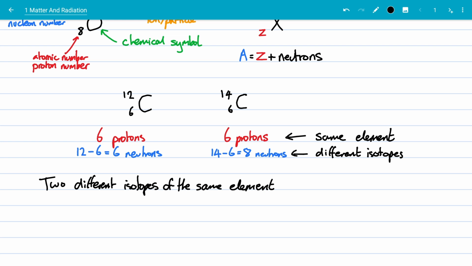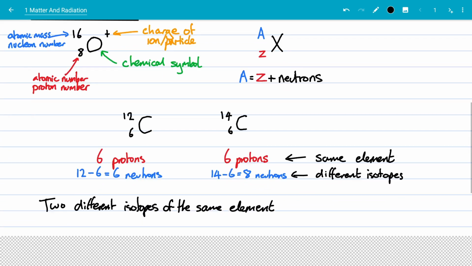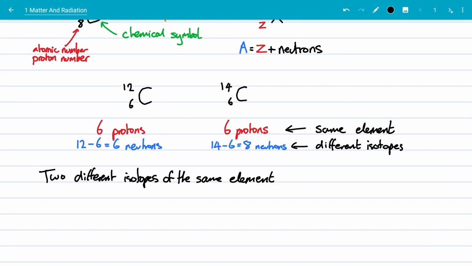That doesn't make any sense. They're all isotopes. Carbon-12 is an isotope. Carbon-14 is an isotope. Oxygen-16 is an isotope. But the important thing is 2 different isotopes of the same element. Now, they have the same number of protons.